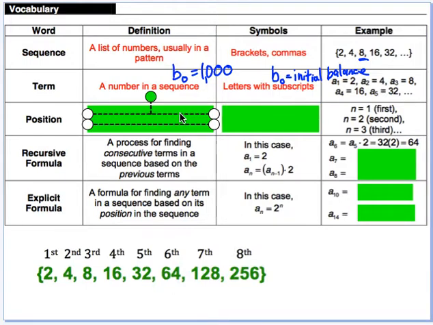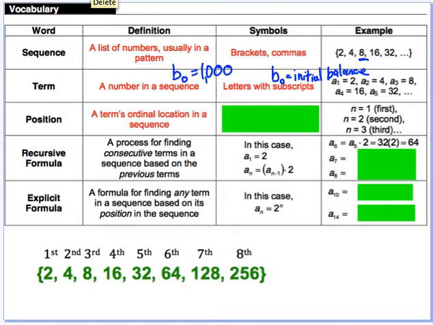All right, so what are we talking about when we get to positions? It's a term's ordinal location in the sequence. So first, second, third, fourth. In all of the problems in this unit, the n is going to represent the location of the term: first, second, third, or fourth, and so on.